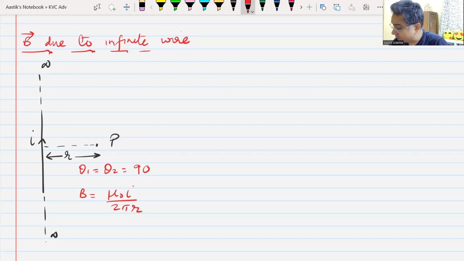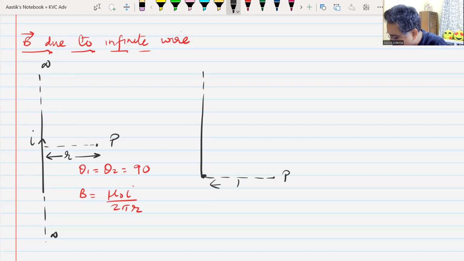Now we can have one case which I call a semi-infinite wire. The semi-infinite wire starts to look like this. One end is going to infinity, the other end has an end, and you are finding the magnetic field at the end.